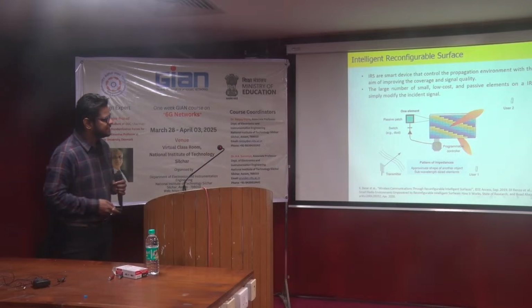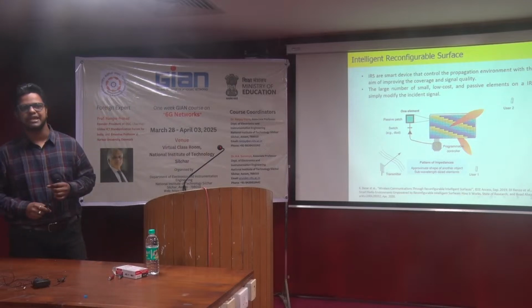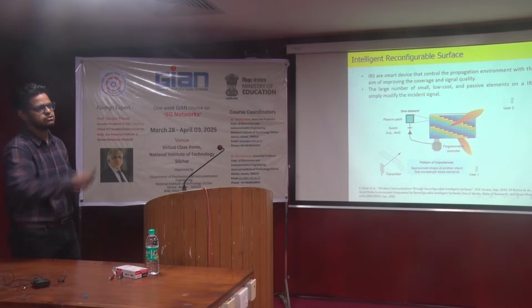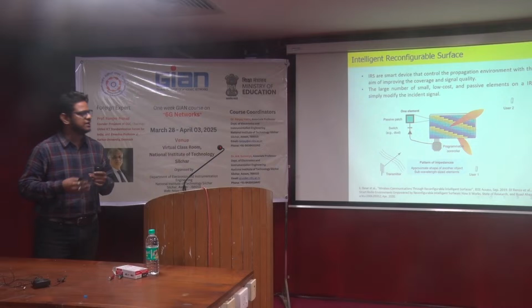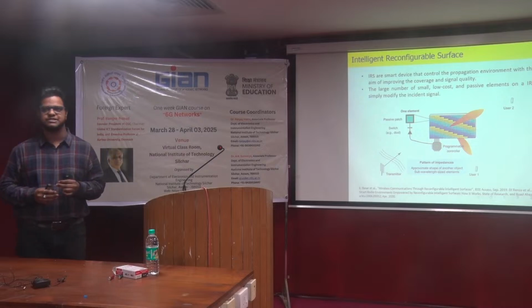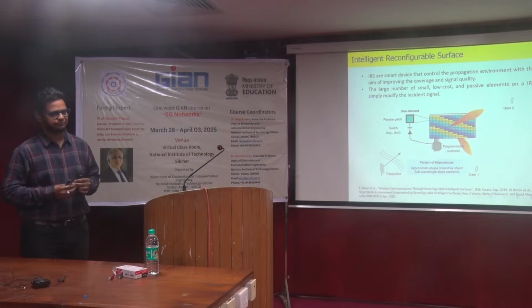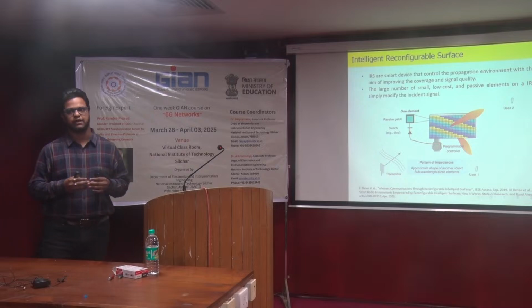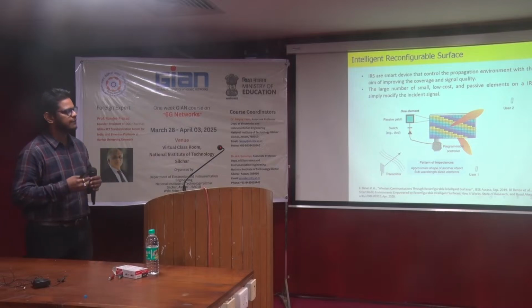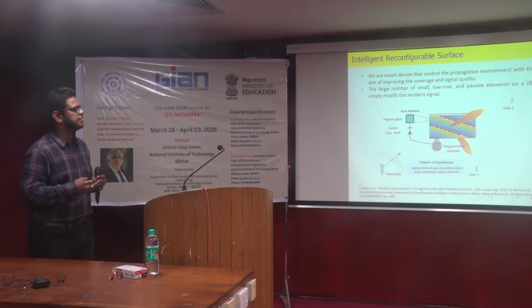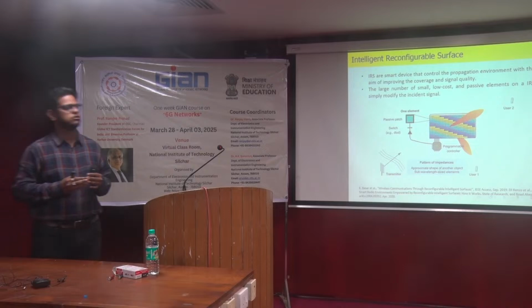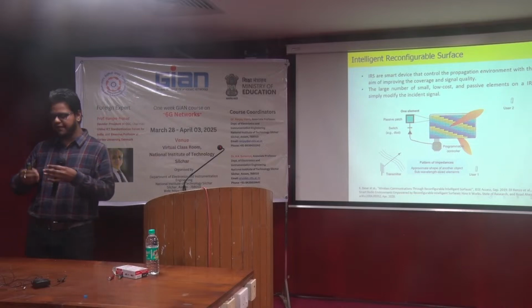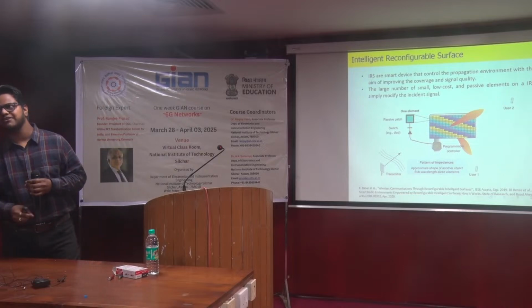So here, as we can see, there is a transmitter which needs to communicate with two users, user one and user two. This RIS can be utilized as a reconfigurable channel, and it can go through analog beamforming. By using this analog beamforming, it can beamform the signal to either user two or user one. And this beamforming can be done in two different ways.